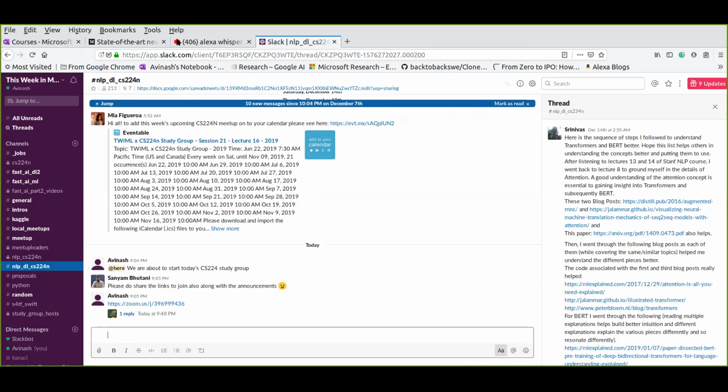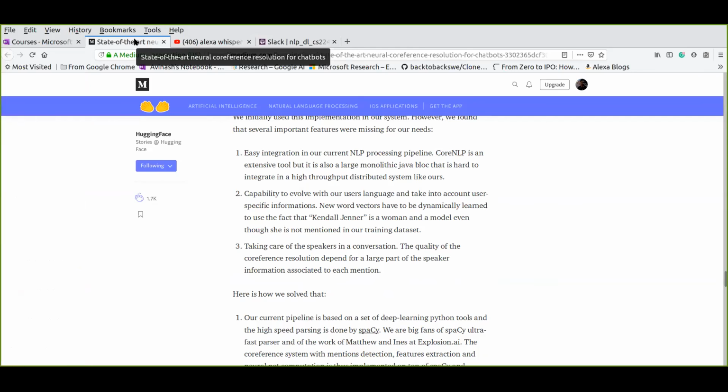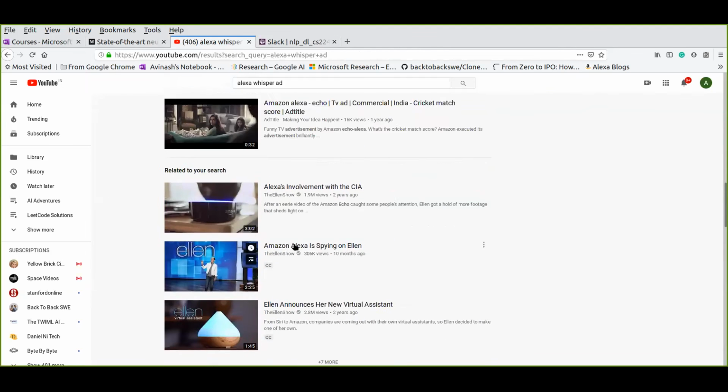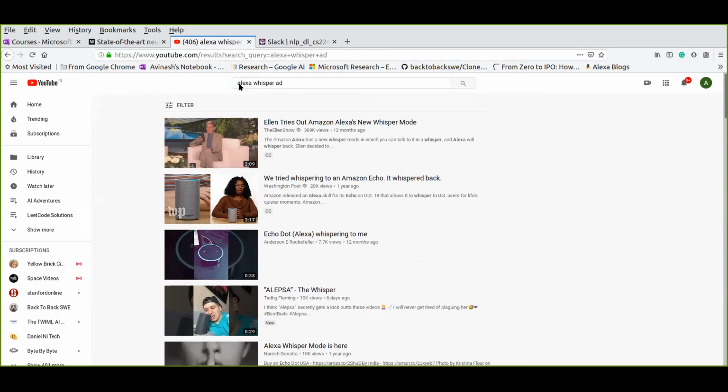I actually attended one conference yesterday, the Amazon AI conference. It had some interesting sessions, but I attended one which was about Alexa. Amazon Alexa has this feature where if you say something to it, it responds.